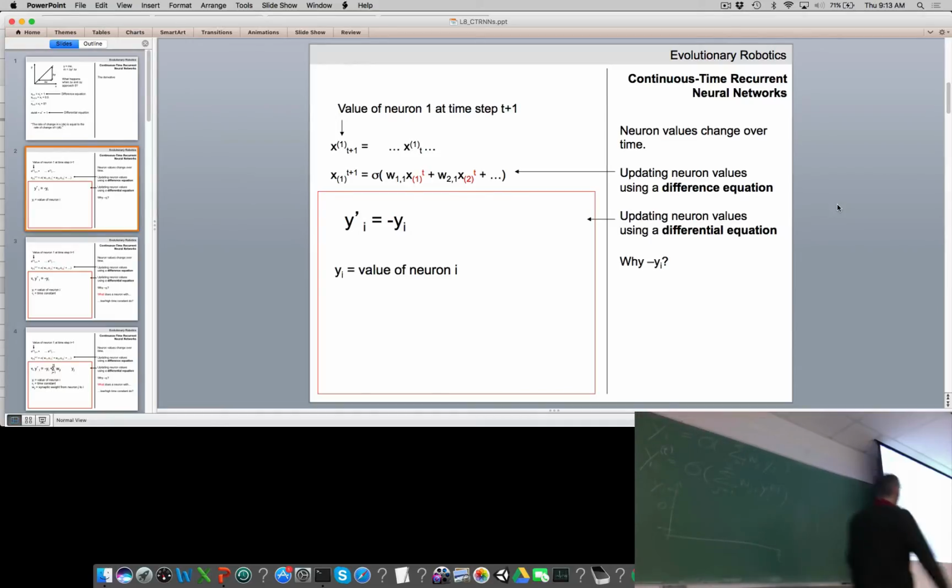So if the initial value of y sub i is 0, minus 0 is 0, so the rate of change is equal to 0. There's 0 change to the neuron. So with this simple equation, if we had a neural network, and set all the initial values of the neurons to 0, we'd get this, right? Nothing would happen. Okay, let's imagine now instead we set the initial value of the ith neuron to +1.